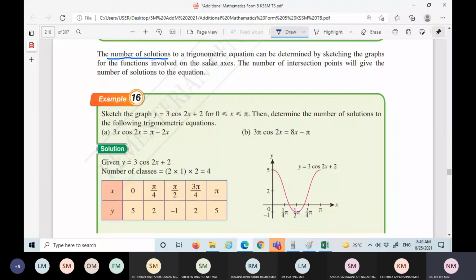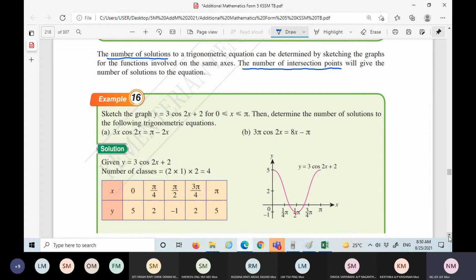You have to sketch it perfectly and then get the answer, which is not that easy. So usually we can predict they will ask the number of solutions, not the solution. The number of solutions will be the number of intersecting points of the two graphs.